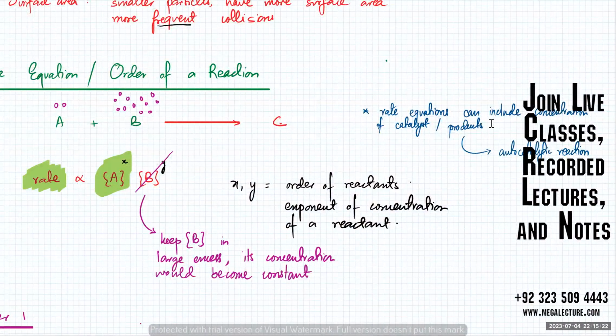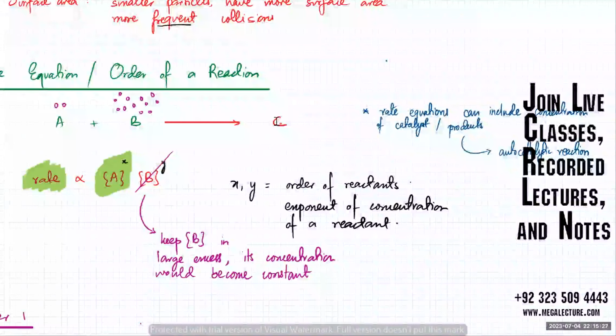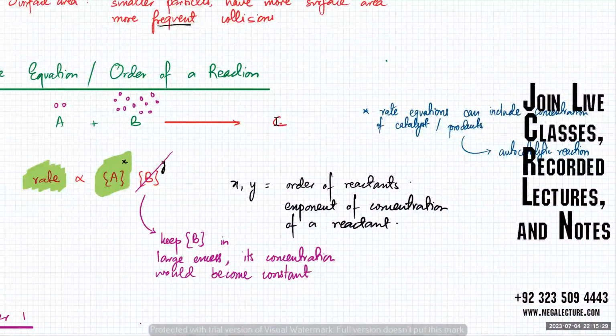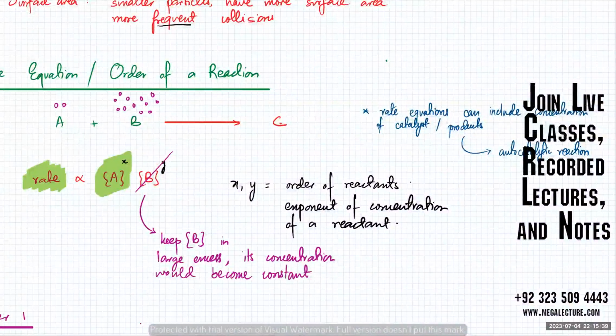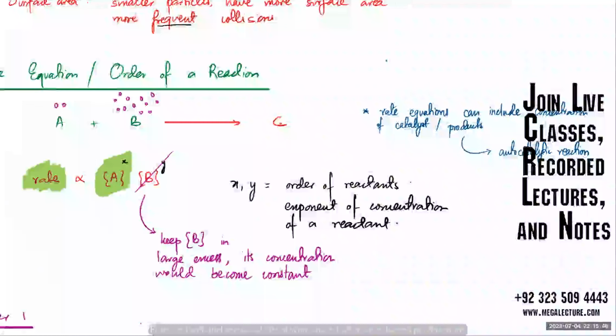And sometimes the product also affects the rate of reaction. As soon as the product is formed, the product starts acting as a catalyst and starts speeding up the reaction. So that's known as an autocatalytic reaction, whatever is formed actually starts acting as a catalyst. Is that clear? Yeah.